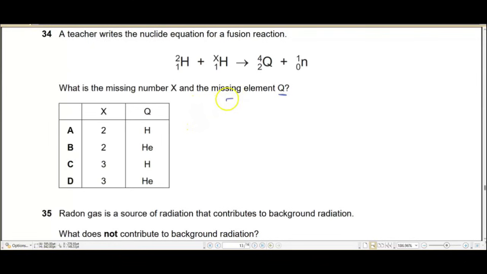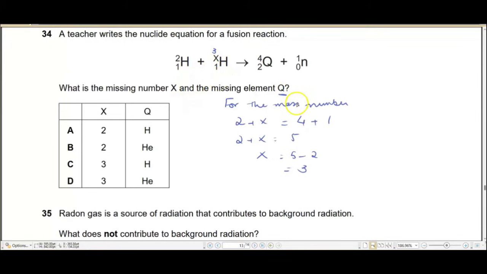For the mass number, here it's 2 plus X and it is equal to 4 plus 1 over here. So 2 plus X is equal to 5. So X is equal to 5 minus 2, which is 3. So over here it is going to be 3 tritium. That is an isotope of hydrogen.